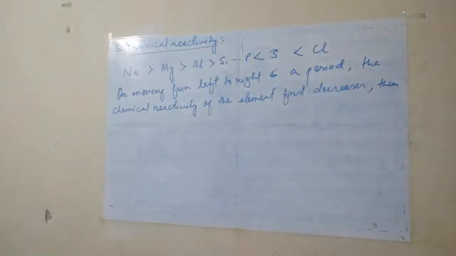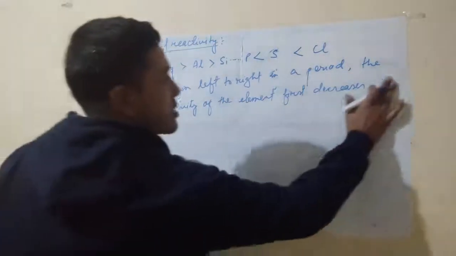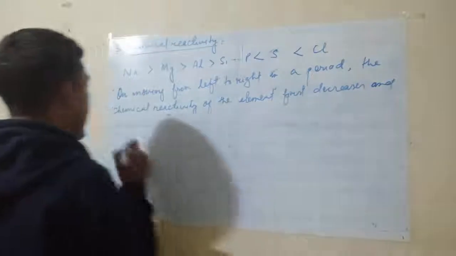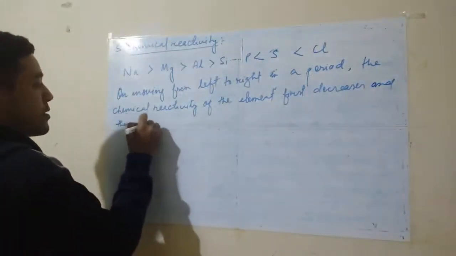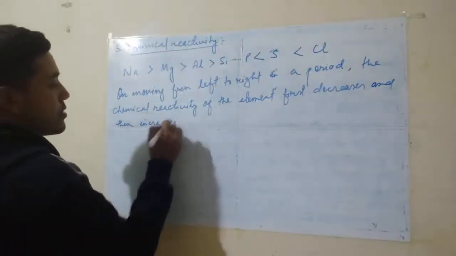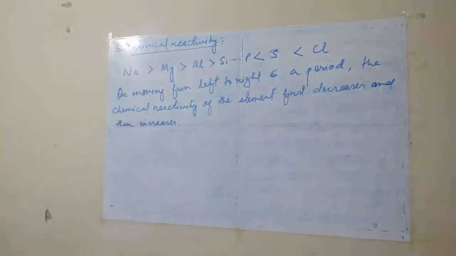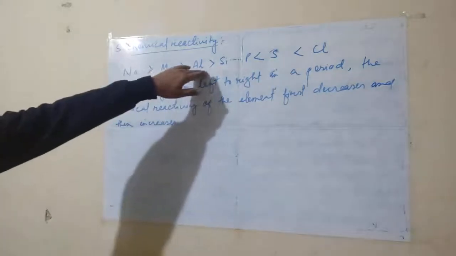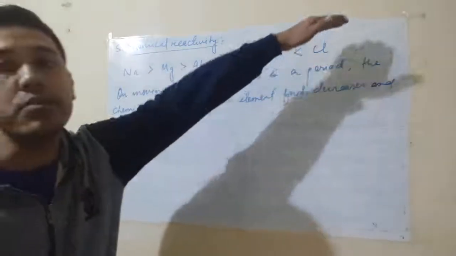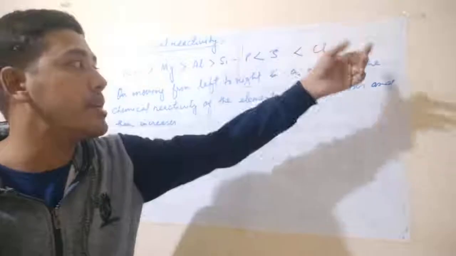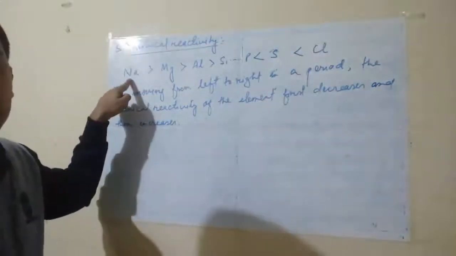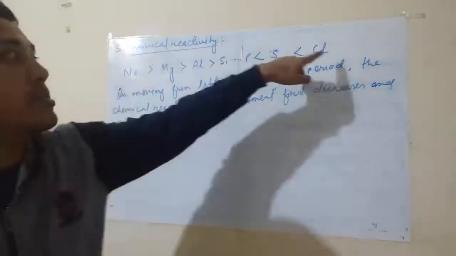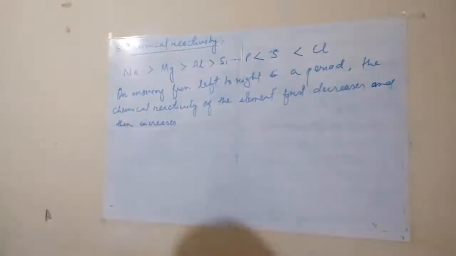The chemical reactivity of the element first decreases, then increases, and then increases further, right? Now the metallic character first decreases, and then the non-metallic character increases. That means the chemical reactivity will increase, okay? This is the highly reactive metal, and this is the highly reactive non-metal, right?